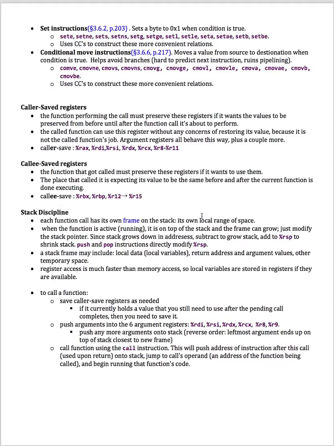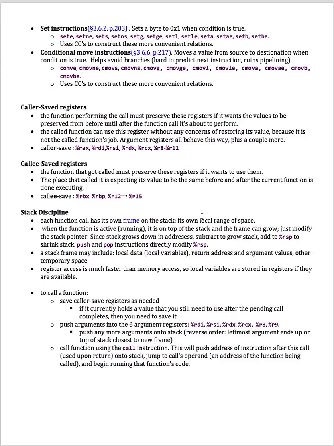What that means is that it has to store the value of the register before it calls the callee function B. So in caller-saved registers, the caller, function A, stores the value of the caller-saved registers in a stack, right?